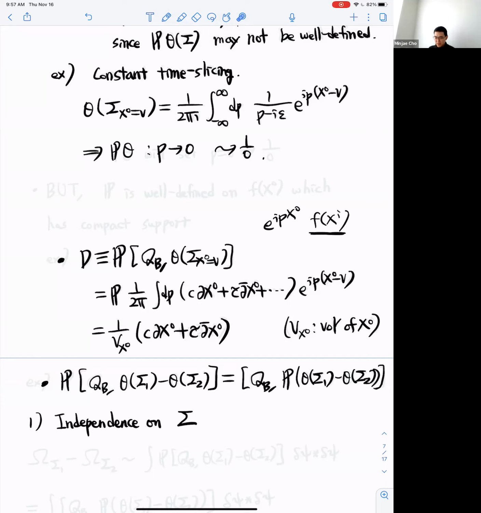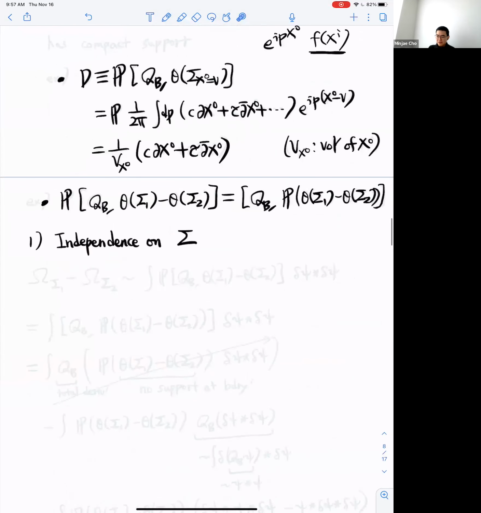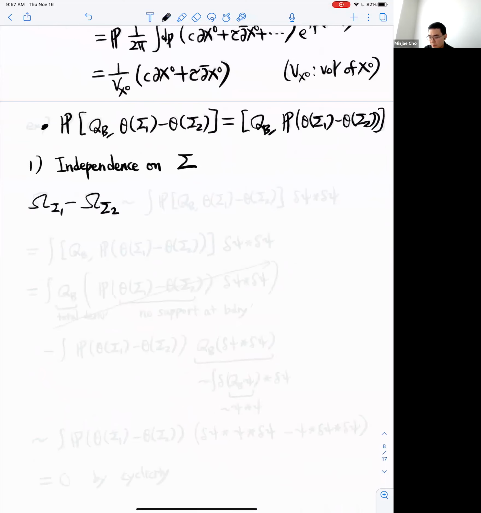Okay, let me proceed. Probably here I should say we show independence of the slicing that we are choosing for constant time or light cone, at least in the cases where we understand how the projection works. So here the proof of the independence goes like the following. If we have this difference considering the time slicing, this is what we get.